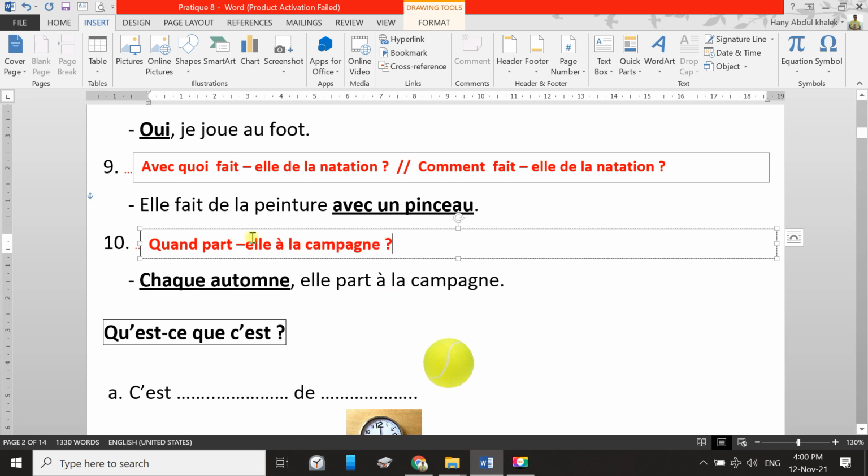Okay, like that. But we can use another way, en quelle saison. Okay, in what season or which season, and we say part-elle à la campagne. So like that, en quelle saison. So here we said quelle with double L-E because saison is feminine.